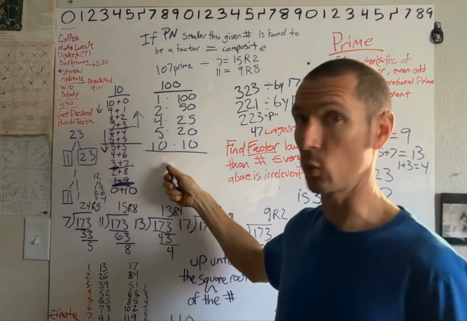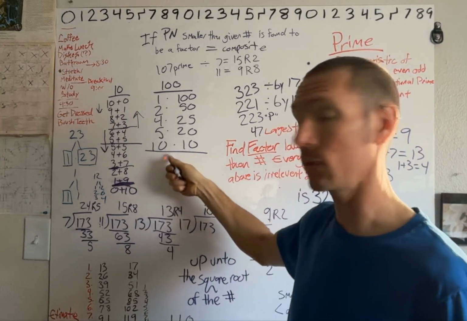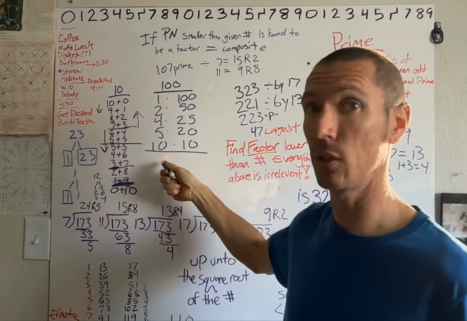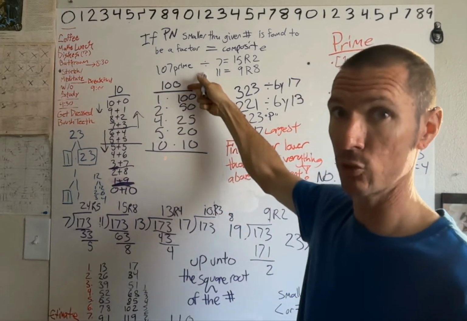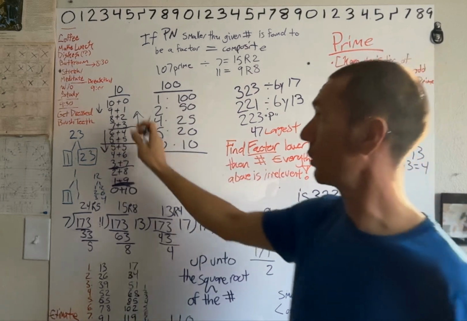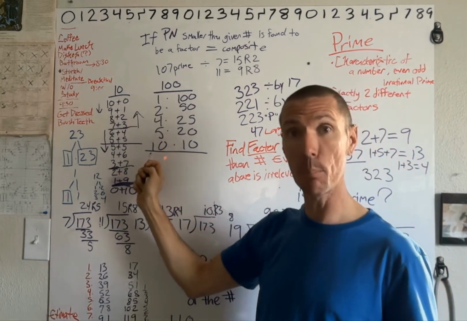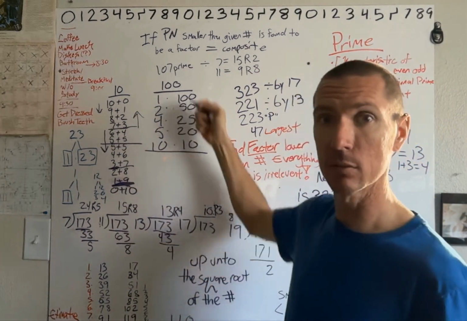This is where we stop listing the multiples or the factors of 100, because we can keep on going. This number can keep going up, but we're just going to repeat this side.